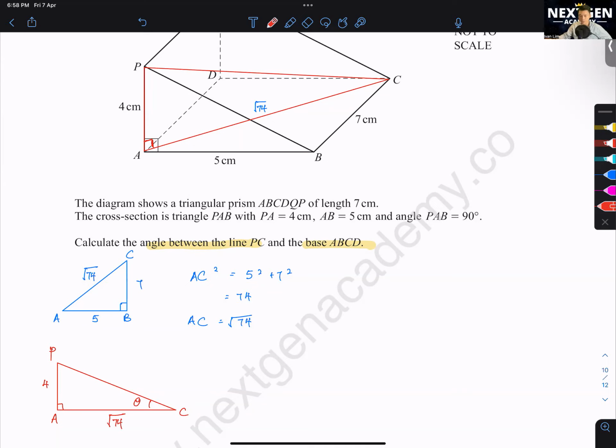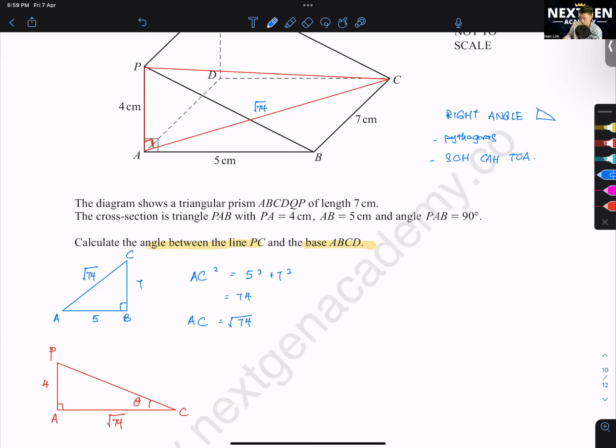Just remember that for this kind of question, because we construct it or derive it from a right angle triangle, there are two main equations that we normally use: Pythagoras and SOHCAHTOA. Always remember these two things.